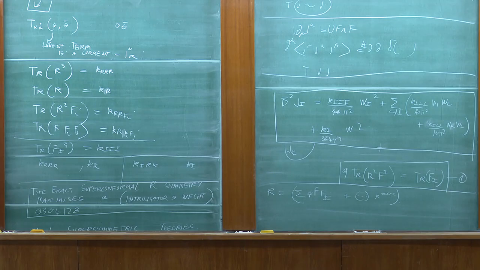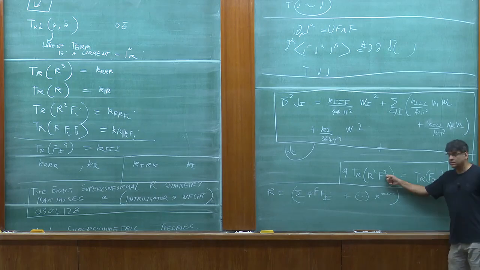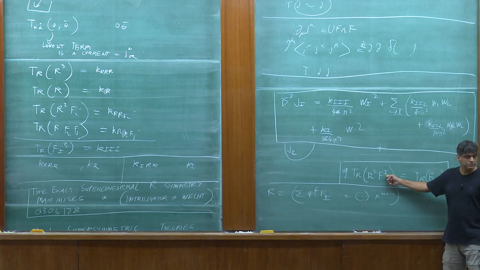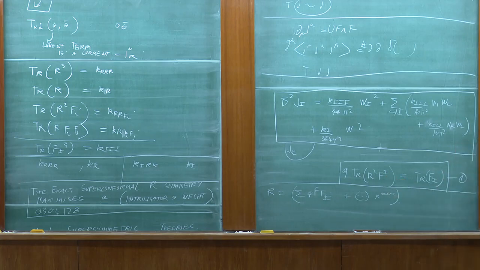Because of the non-anomalous symmetry, S non-anomalous symmetries, one of them is R symmetry, and S minus 1 of them are flavor. S values, and therefore we are asserting S equations. But one was anomalous.